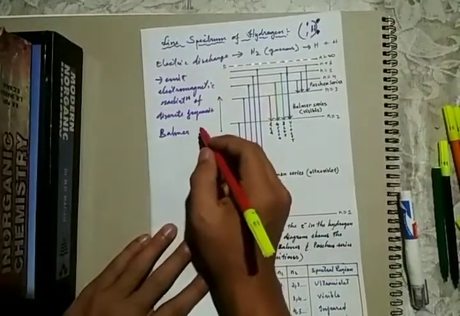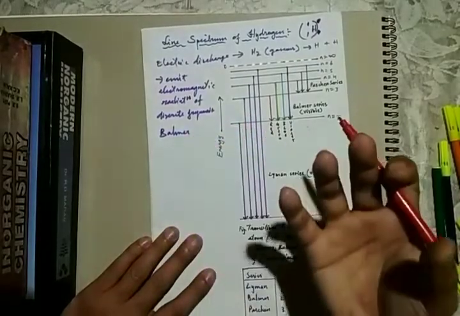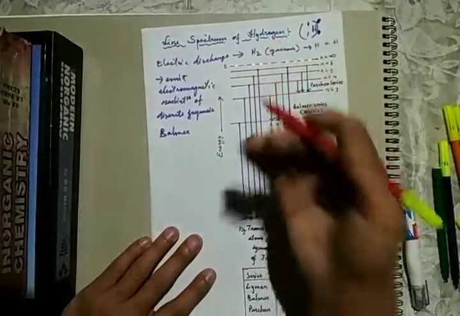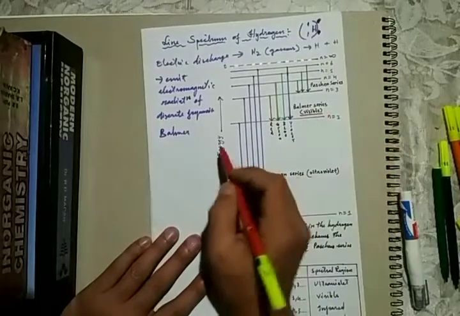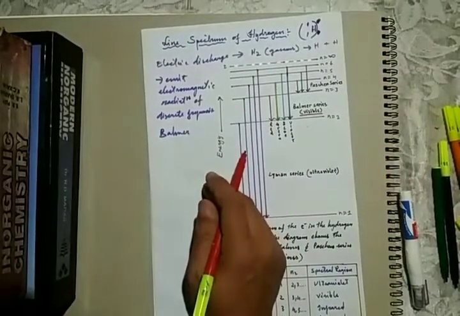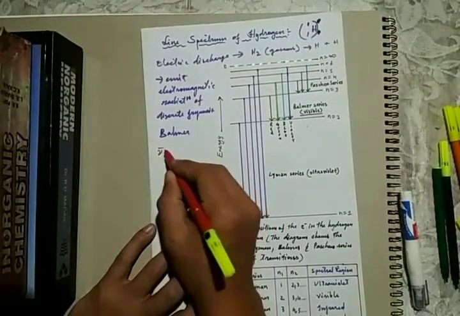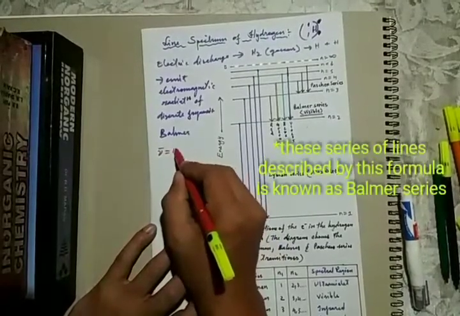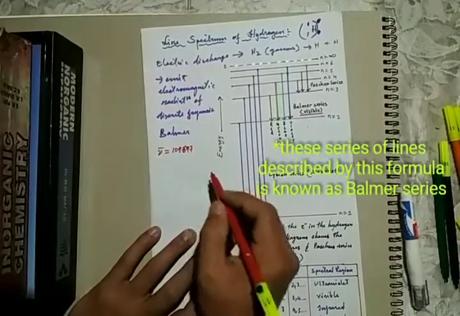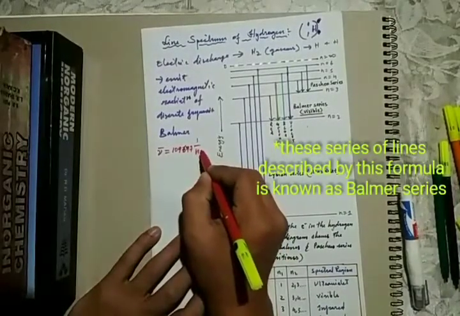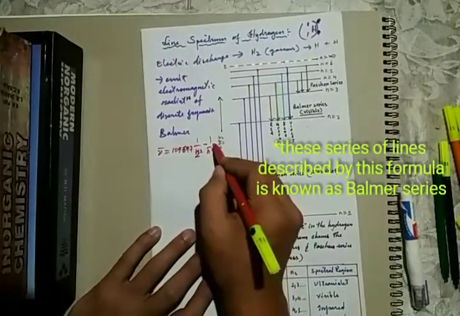Balmer found that hydrogen exhibits spectral lines in the visible region, and gave a relation on wavelength: wave number equals 109677 times (1 by 2 square minus 1 by n square) centimeter inverse.